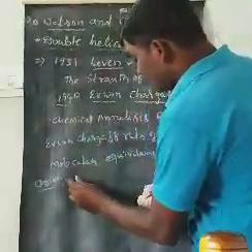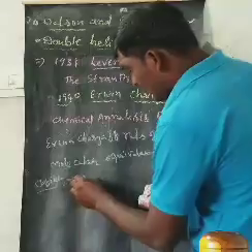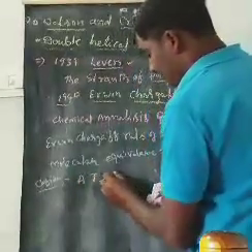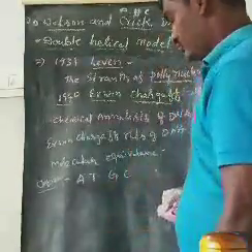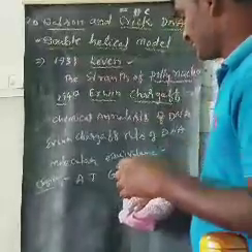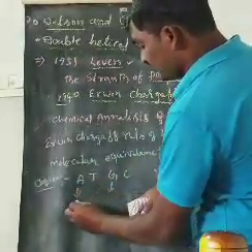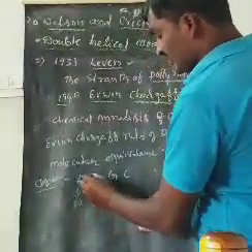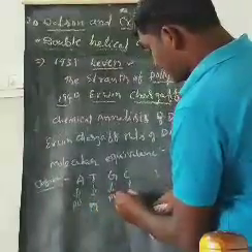So the nitrogen bases are adenine, thymine, guanine and cytosine. We observe here the purines and pyrimidines. Adenine and guanine are the purines, thymine and cytosine are the pyrimidines.